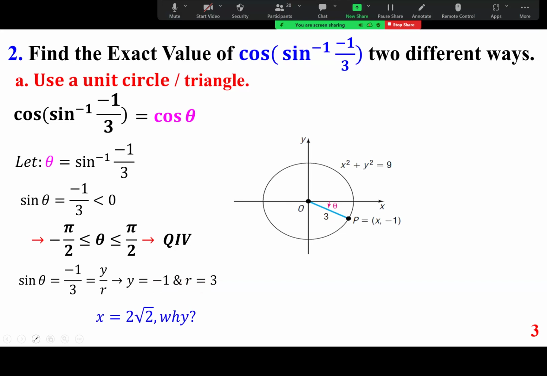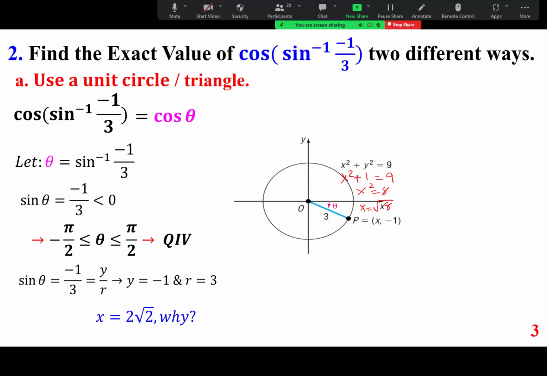So let me show you. X squared plus y, which is -1 squared, you get +1. R is 3 squared, you get 9. X squared becomes 8. X is square root of 8, which is square root of 4 times 2, which is 2 square root of 2. That's how you arrive at the answer.